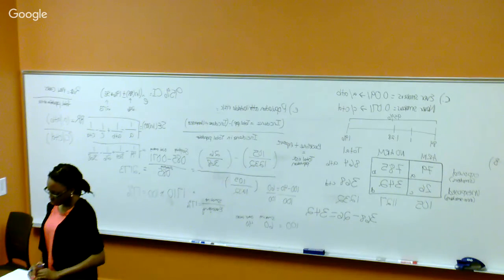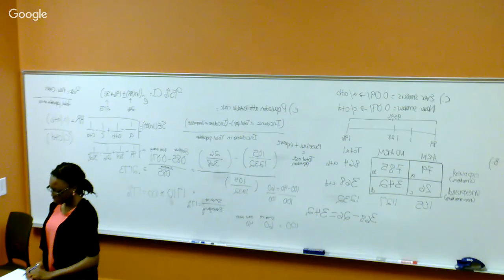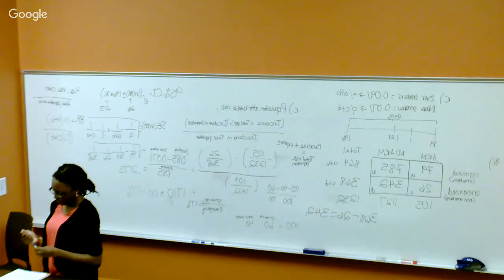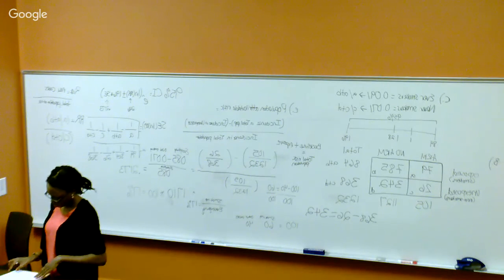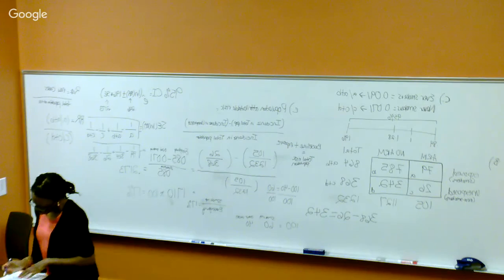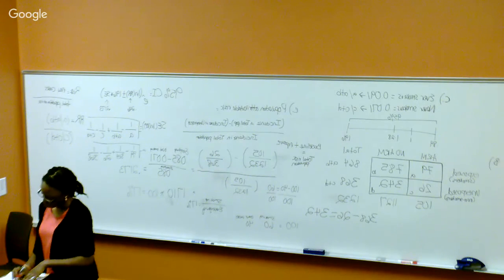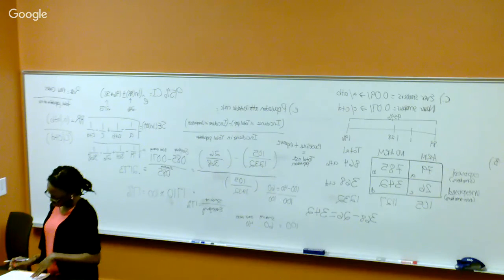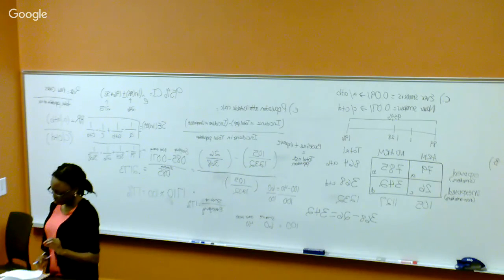The next question is asking you to calculate the appropriate measure of association for the study, as well as the 95% confidence interval. One thing I forgot to mention, sorry, there's some information missing from this. Let me start over.